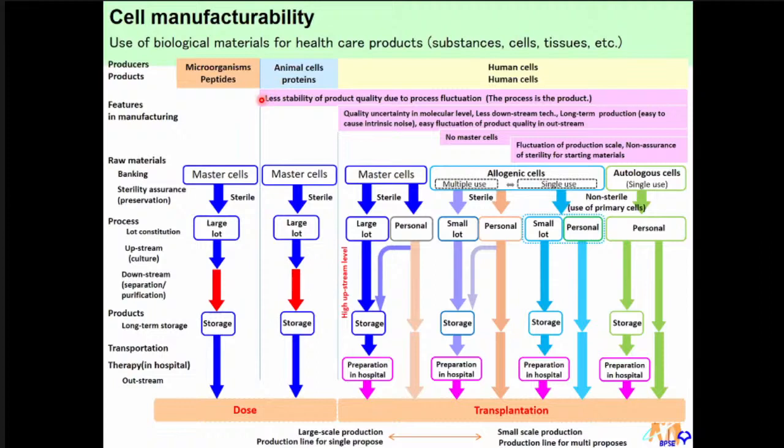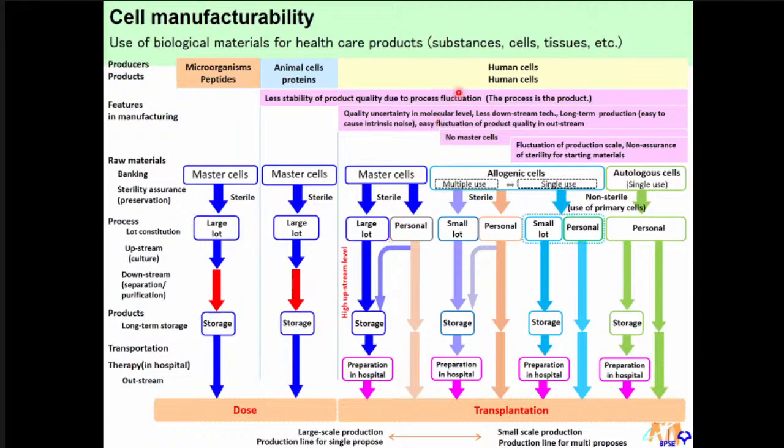That's why the FDA and many people mention that the process is the product. If the process changes slightly, the product would be changed. So the main stream from the master cells to the dosing is the same.